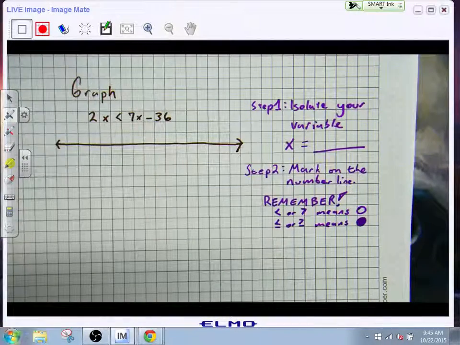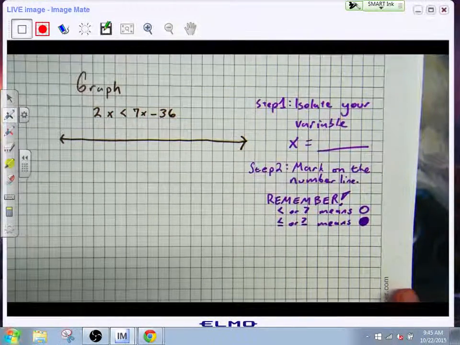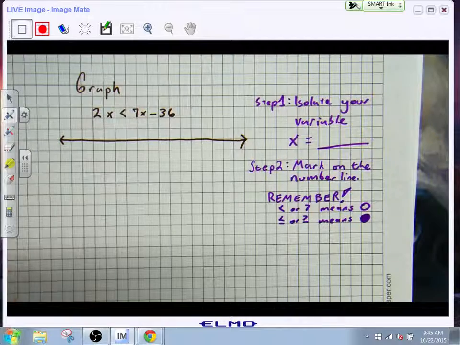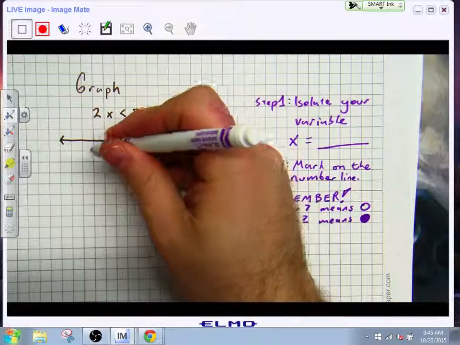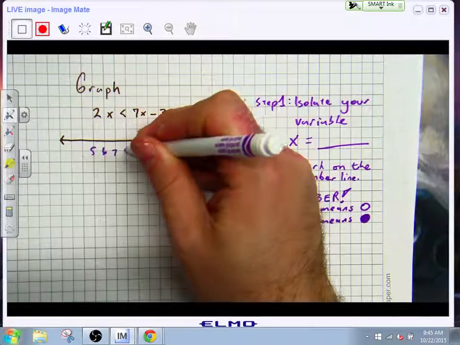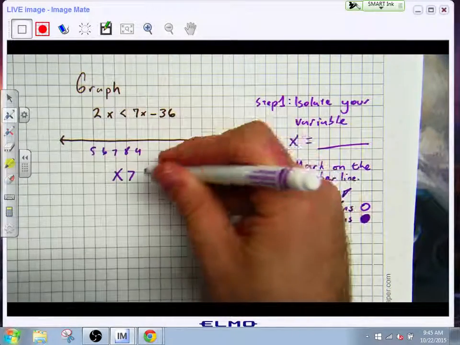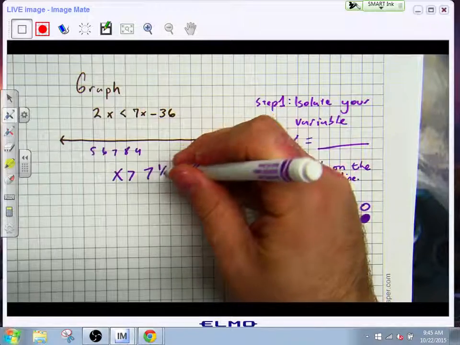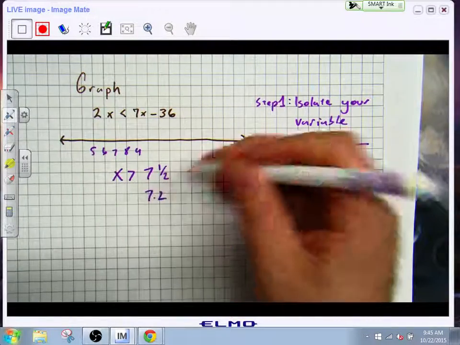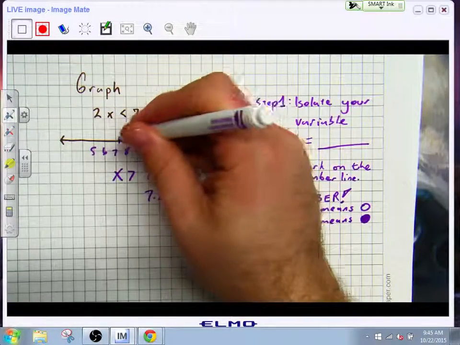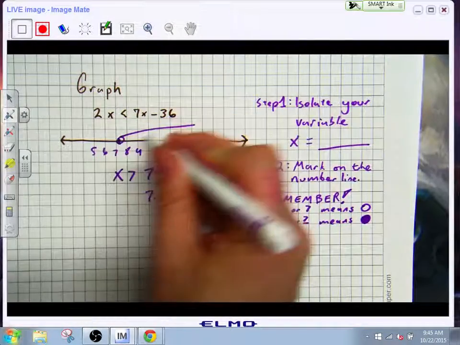Okay. When we graph these sorts of problems, when we look and we see 5, 6, 7, 8, 9, and we know that x is going to be greater than 7 and a fifth, or as some people preferred, 7.2. When we go right here, we make our open circle and we shade.